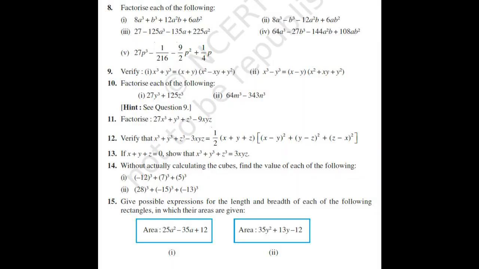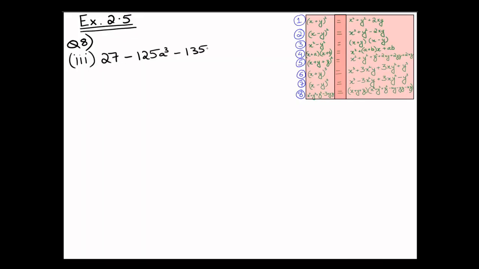Moving to the third part of question 8, we have 27 minus 125a cube minus 135a plus 225a square.